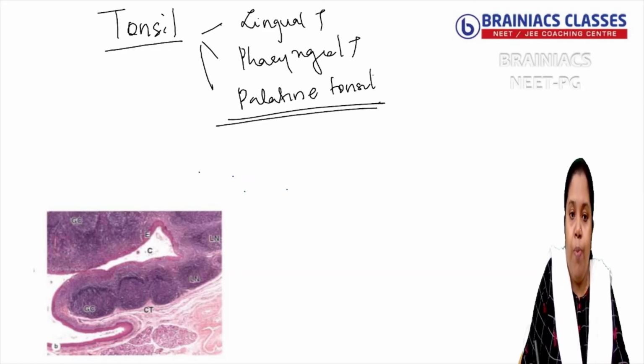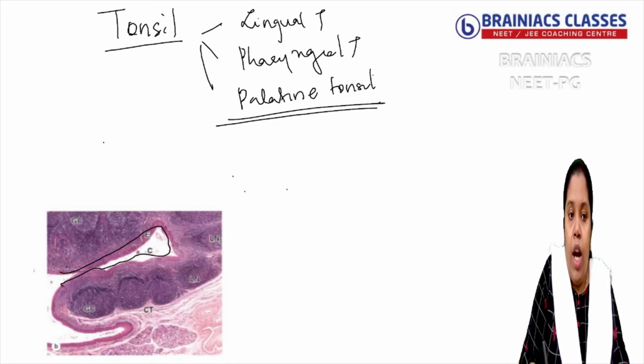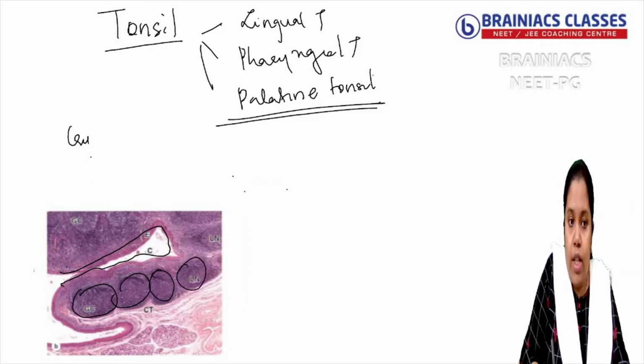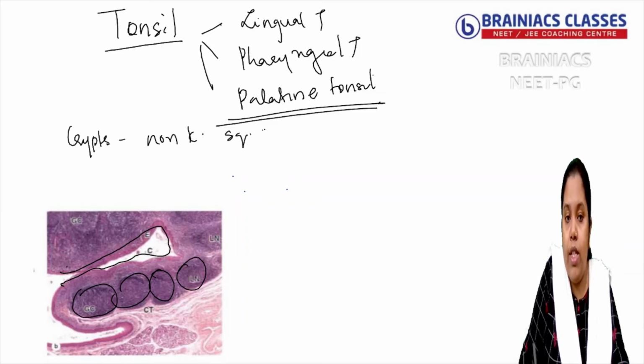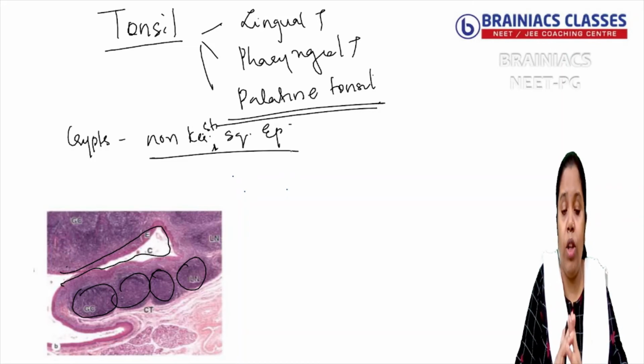The medial side of the tonsil has crypts, and under these crypts the lymphoid tissue is arranged in the form of follicles. The epithelium of these crypts is non-keratinized stratified squamous epithelium. This we have already seen. So this is about the tonsil.